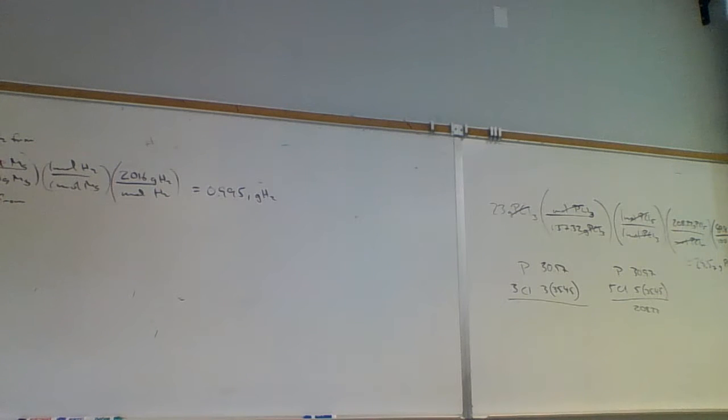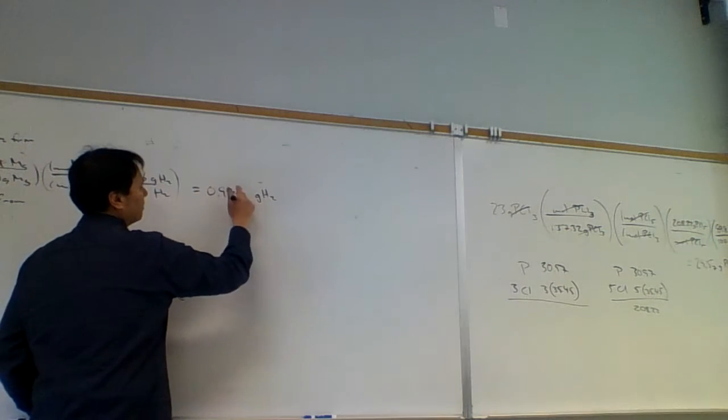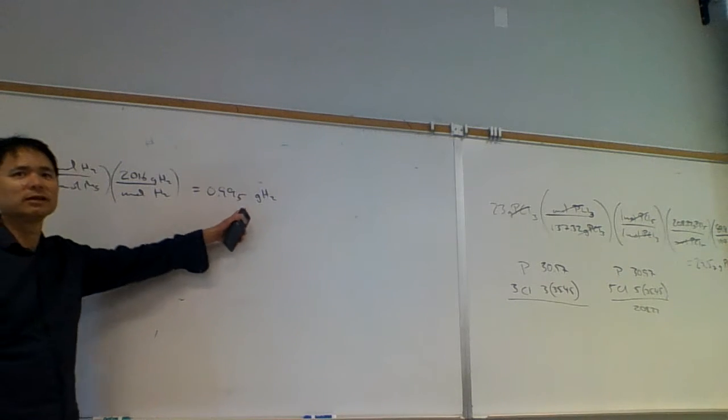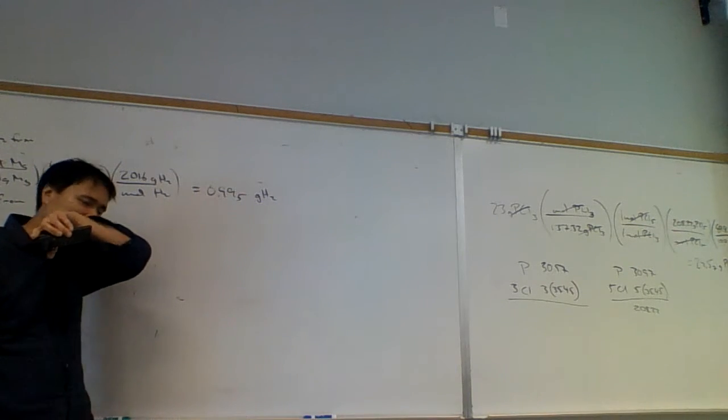Professor, why is it 3 sig figs? Oh, 2 sig figs, sorry. 0.995. The smallest is 12, so it should be 2 sig figs. Oh yeah, this 5 is not significant, but I don't want to round it. I'll round it later.